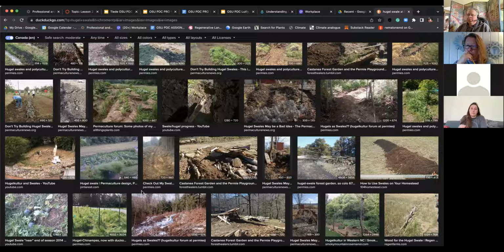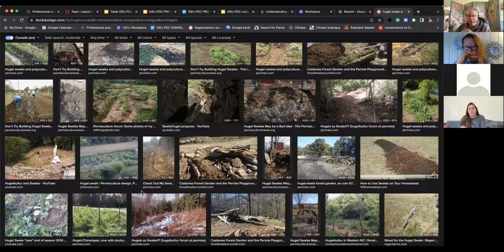And animals are going to do a better job than a swale will, in my opinion. I know it's in some ways more work. Perhaps a swale and a hugel is part of that.